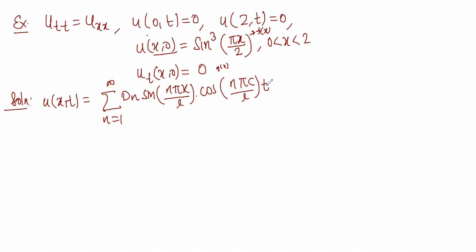I'm writing t outside the bracket because n pi x upon L and n pi c upon L should not be confused with each other. It varies from person to person. And this d_n was nothing but 2 upon L, integral 0 to L, f of x times this entire quantity, that we obtained using the Fourier sine series.